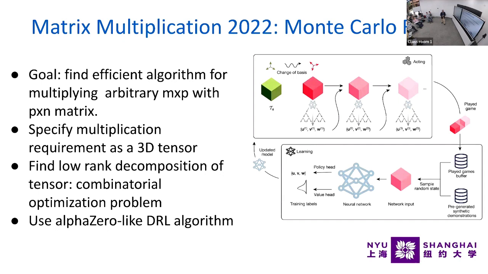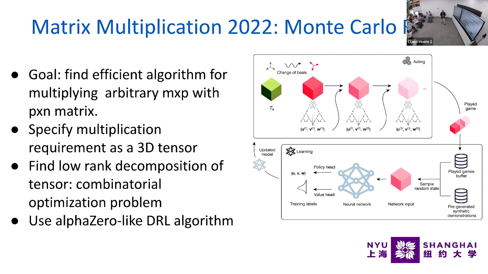You have three vectors in each outer product because it's a three-dimensional tensor. When you decompose it as a sum of these outer products, you can easily see that the number of multiplications is the number of terms in the sum, since there's one multiplication for each term. Therefore, the idea is to find the decomposition with the lowest number of terms in the sum. This is called the lowest rank in linear algebra terminology.